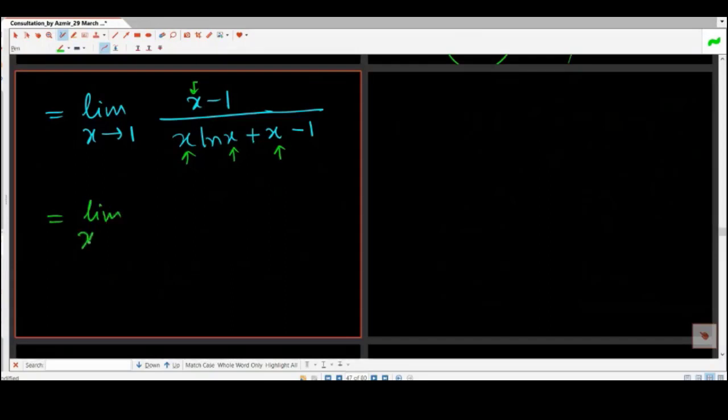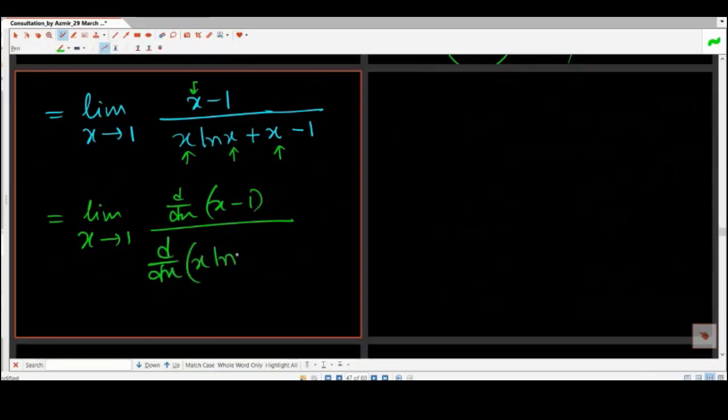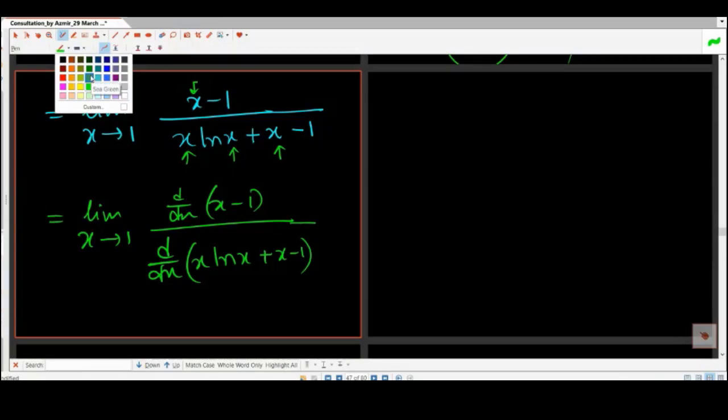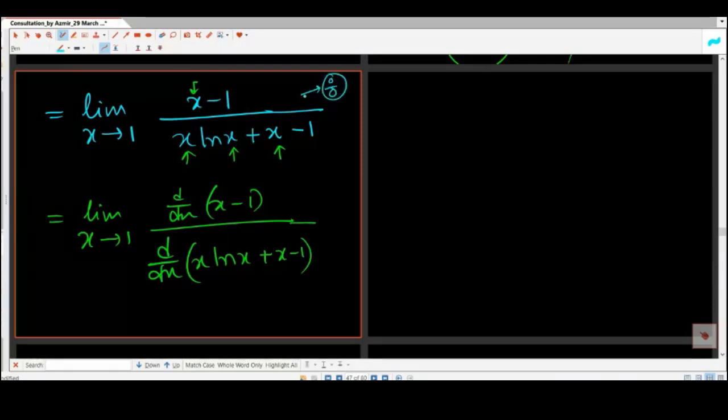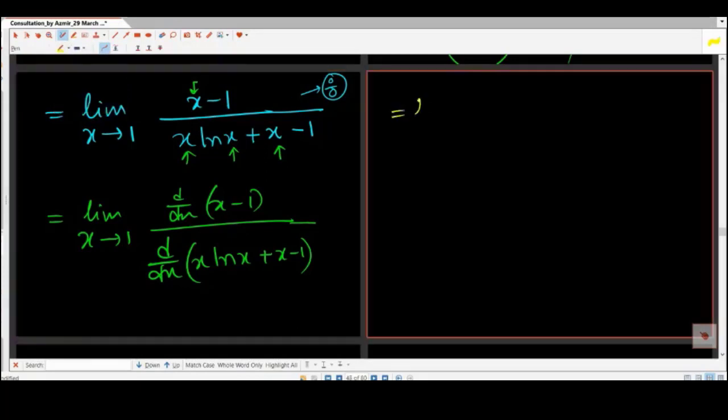So limit x tends to 1, differentiation of x negative 1, differentiation of x natural log of x plus x negative 1. So what is the reason behind doing this differentiation? This is because it is of 0 over 0 type. So that's why we have differentiated the upper function and the bottom function. So now we have limit x tends to 1. Differentiation of x is 1.